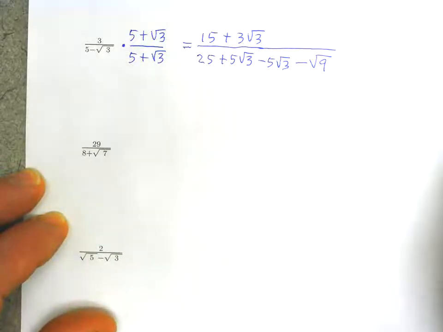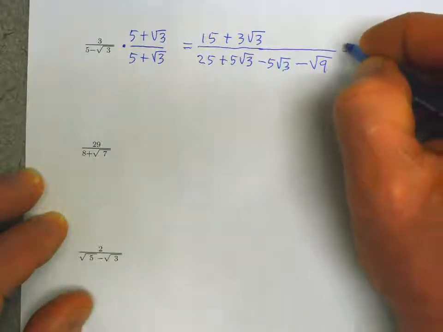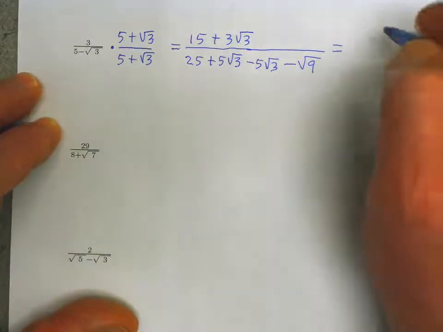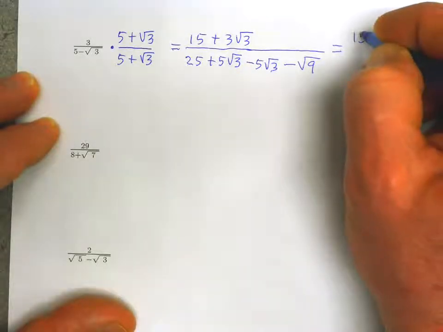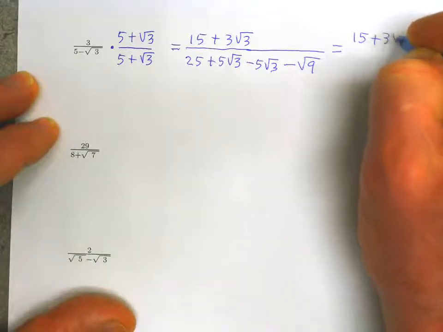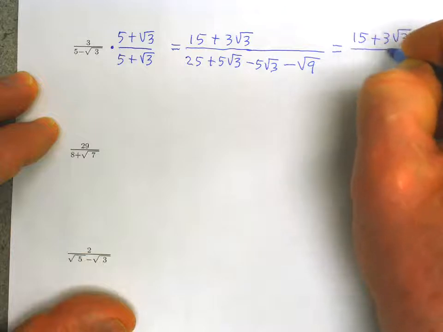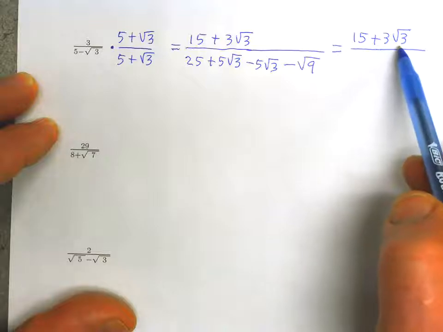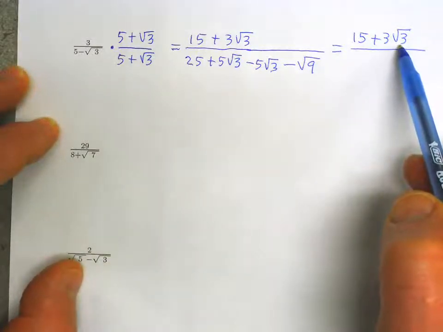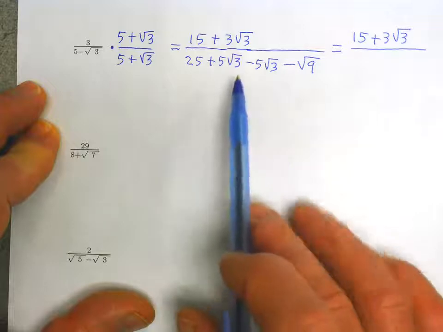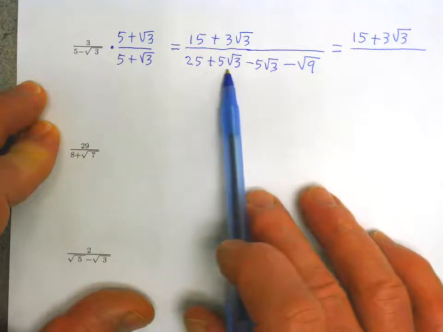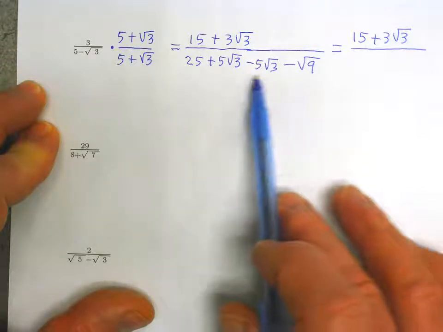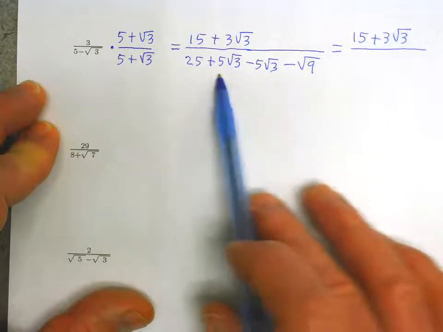Okay, so you can probably see what is going to happen. In the numerator, we'll just leave it as 15 plus 3 times the square root of 3. The numerator by itself cannot be simplified further because we don't have like radicals or like terms. But in the denominator, notice in the middle, the plus 5 times the square root of 3 minus 5 times the square root of 3 add up to 0. So those disappear.